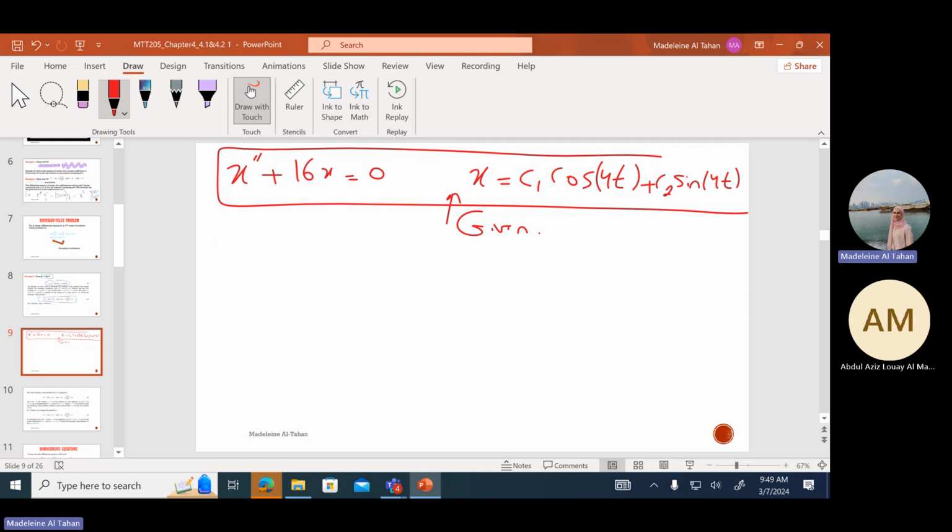Okay. The boundary conditions are x(0) equals 0 and x(pi/2) equals 0. Our aim is to find the solution. When we say find the solution, it means find C1 and C2. Can we start? How do we find C1 and C2, Miss? Where should we substitute?